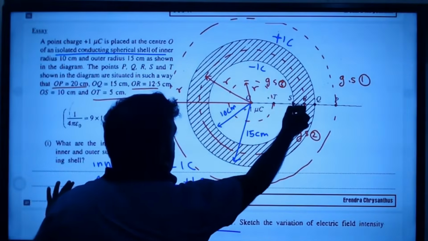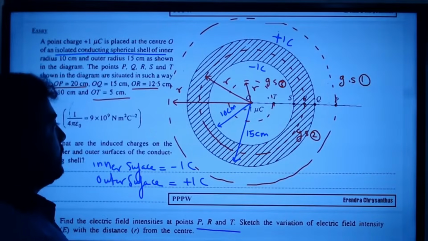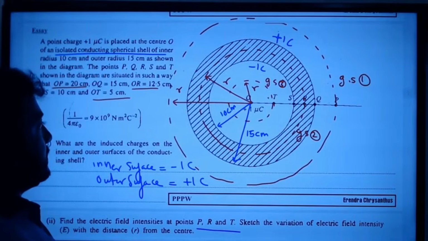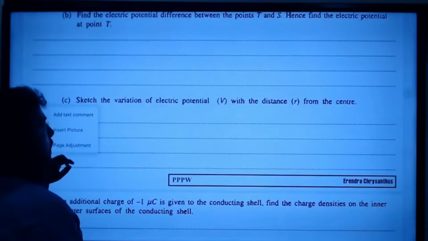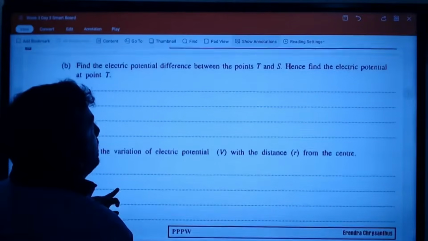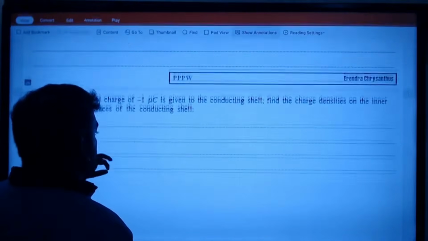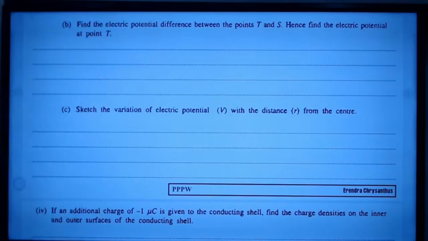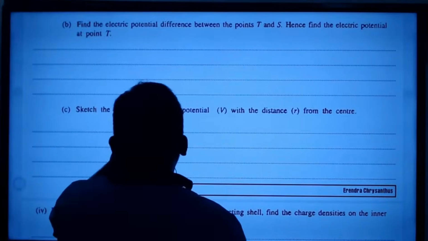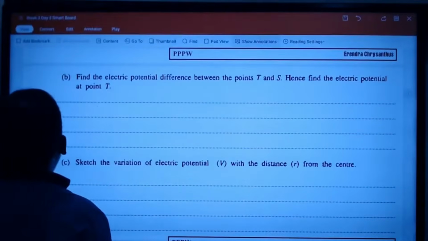T and S are here and here. Okay, nice. Then I have to find the potential at T. Then I have to sketch the variation, which I have already done. Anyway, there is part C coming. Let's do this potential difference.